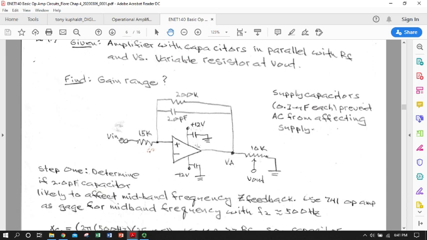Otherwise, we've got our input signal, and that's referenced to ground. It's not shown. It's coming in through a 15 kilo ohm input resistor, R sub I. If you were a DC or a low frequency signal, you'd flow mostly through your 200 kilo ohm feedback resistor to this point here, and then your output over the load will be dependent on this pot. So you kind of have a double selection for your amplification.